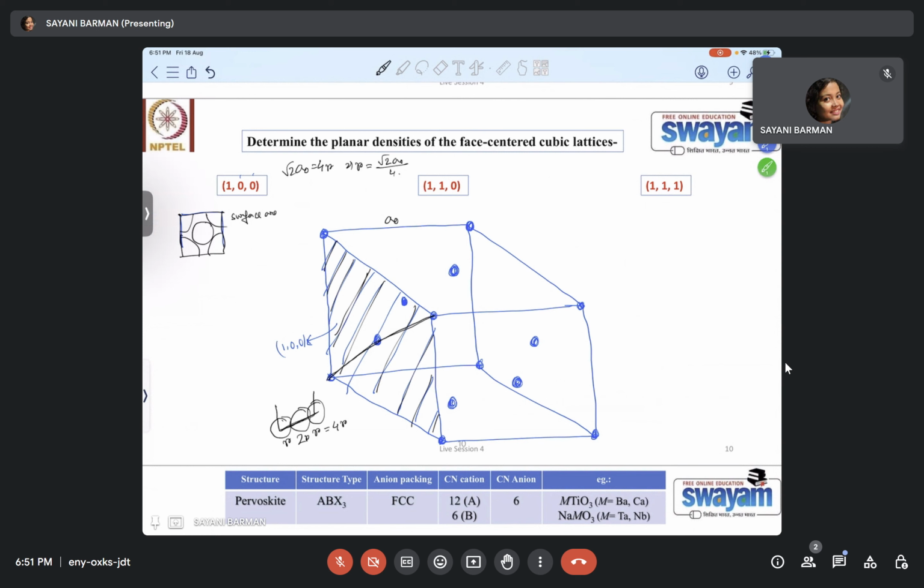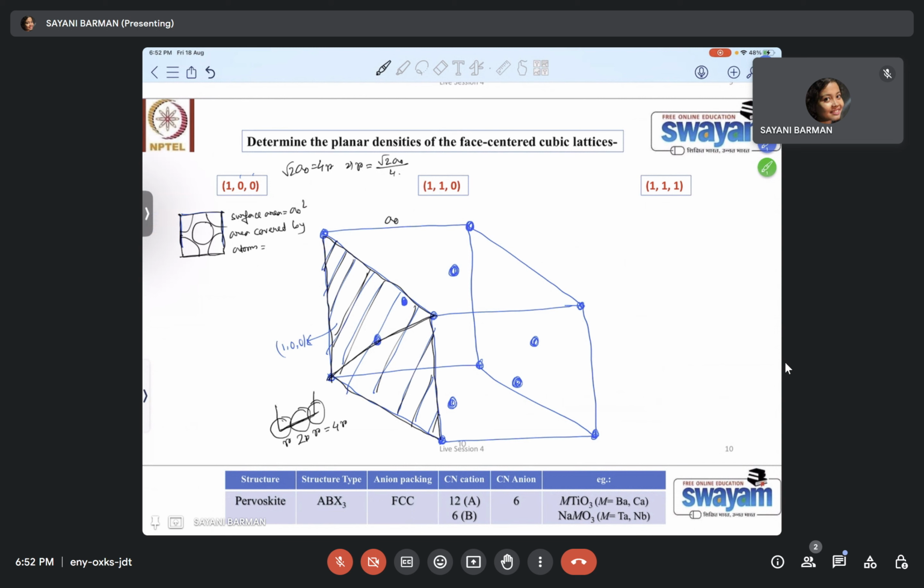Now the surface area of the lattice face is A0 square, because this is the surface, no? And the length of each edge is A0 only. Now the area covered by the atoms: see, this is a square, right?